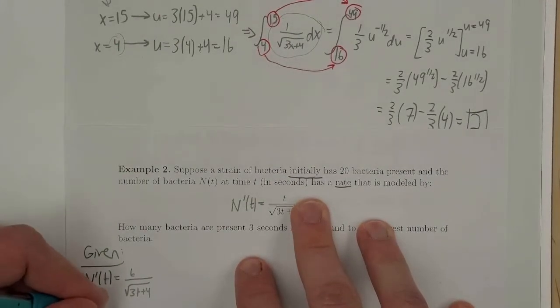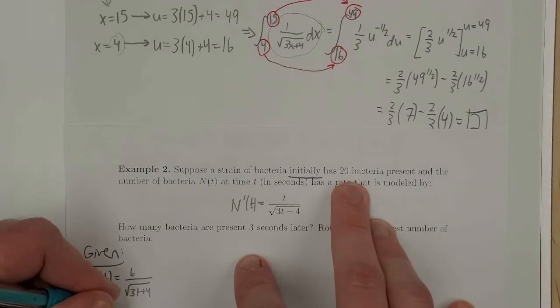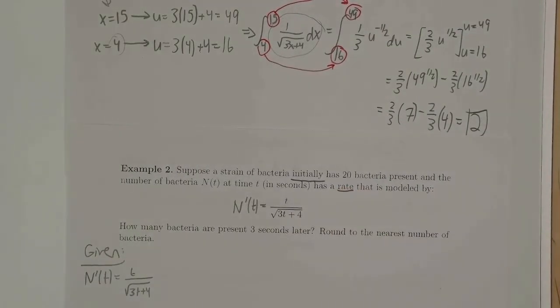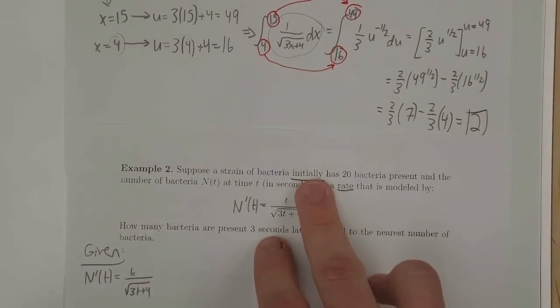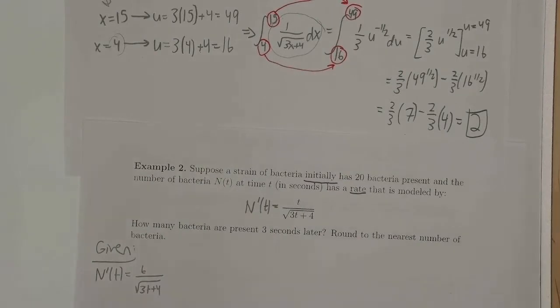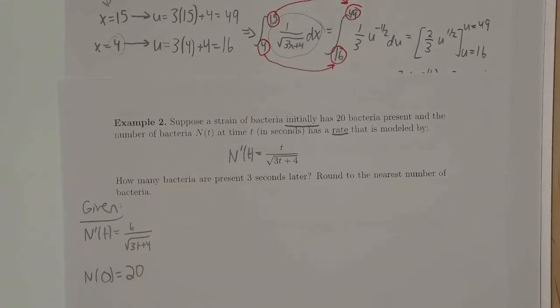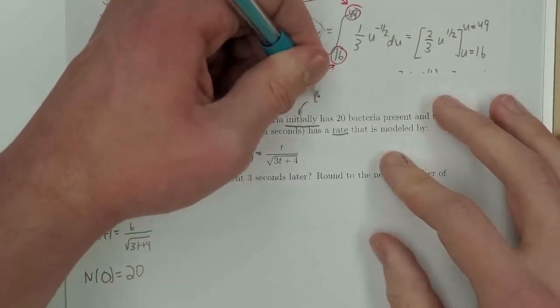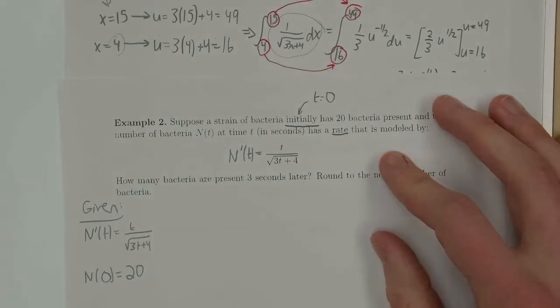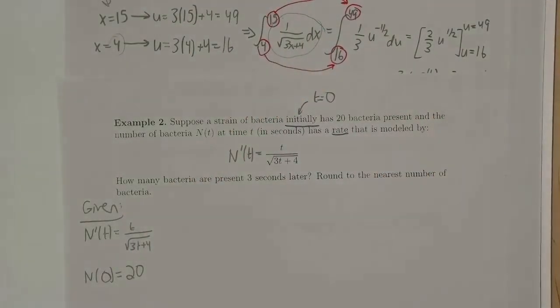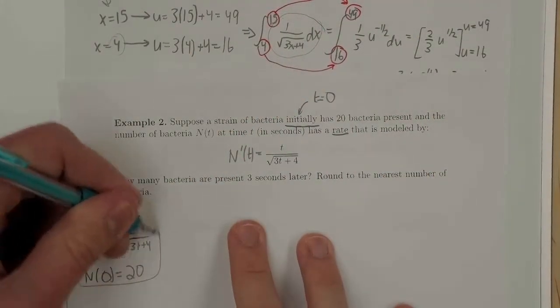So as per what we talked about last time, that means that the number of bacteria is 20 at what time? 0. Good. Because remember, whenever you see initially or starting with or anything like that, that should be a really good indication that you have to be working with t equals 0. So t equals 0. Okay. So this is what we're given.